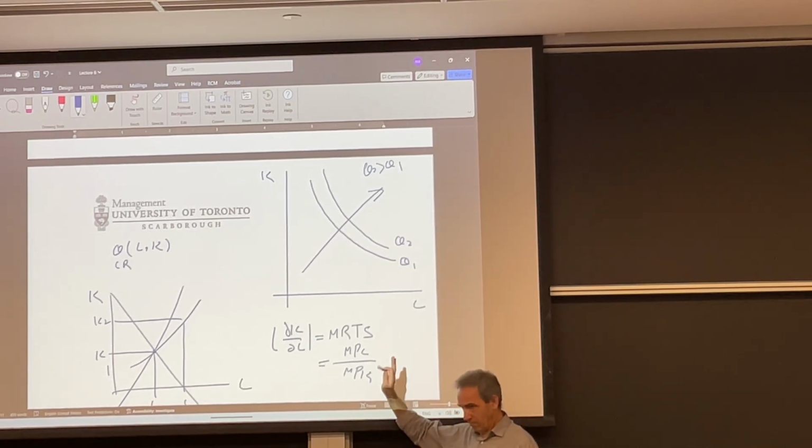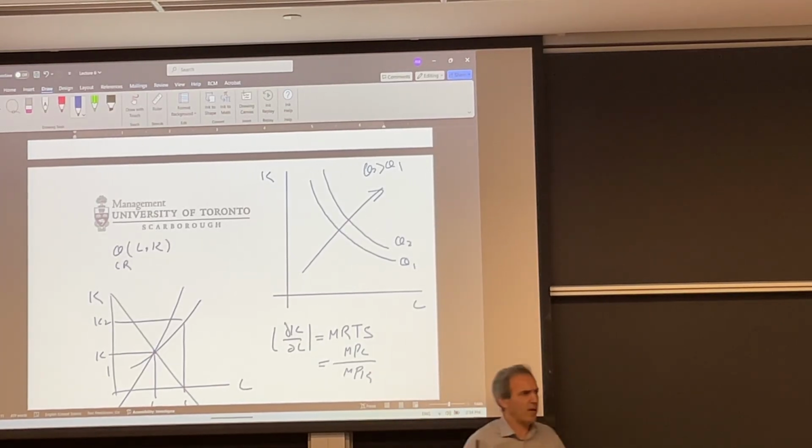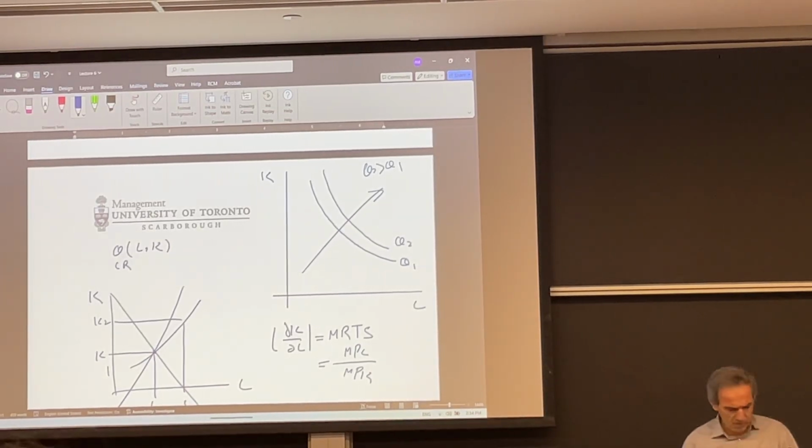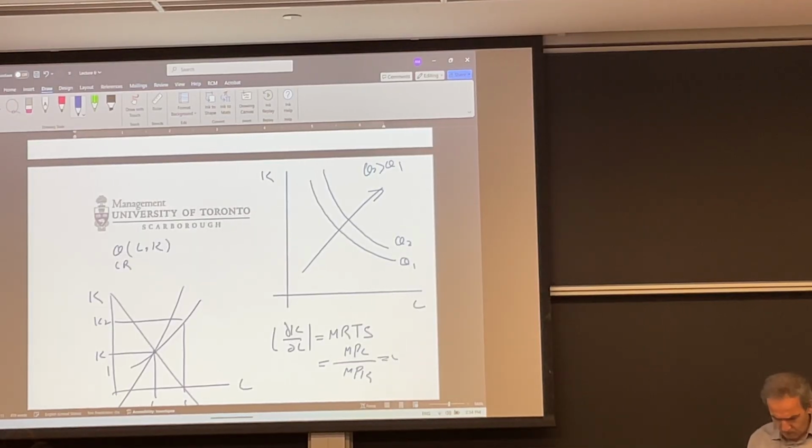Make sense? Because otherwise you violate efficiency. But why is it not constant? Why is it not like 4, 5? Why is it not a constant number like 4? Why don't we get a straight line isoquant? Why is it convex smooth to the origin?